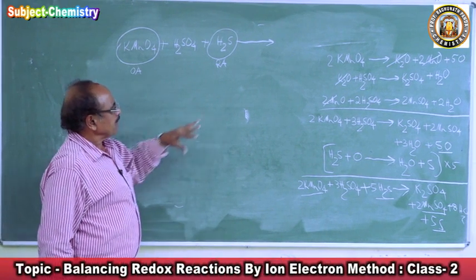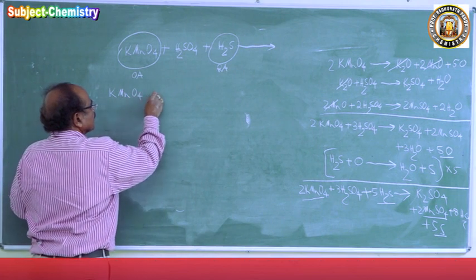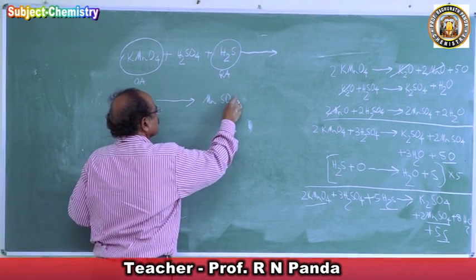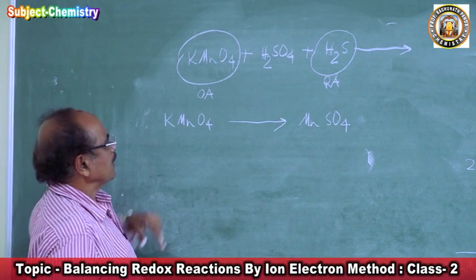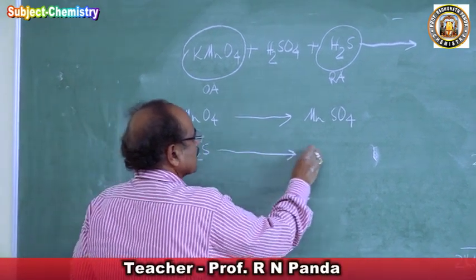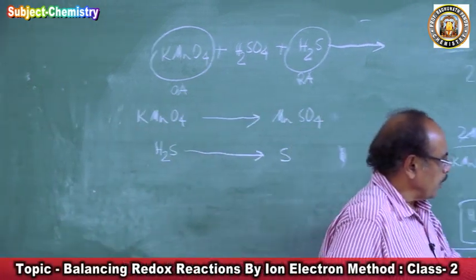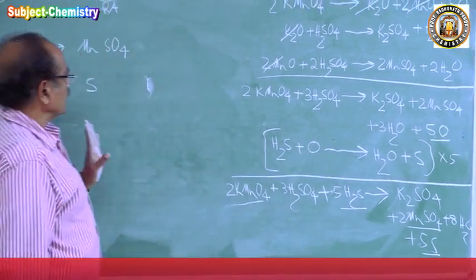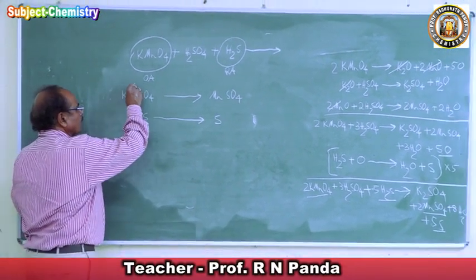KMnO4 in its ionic form is forming MnSO4. And H2S, hydrogen sulfide, is forming sulfur. So the oxidation number of sulfur is not involved. So what is the ionic form here?